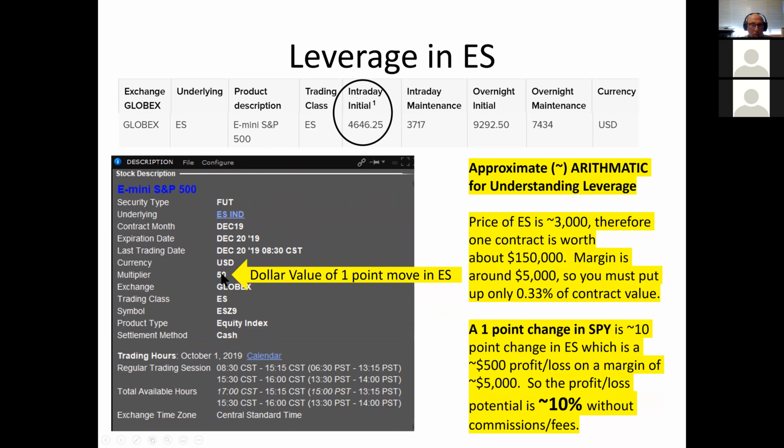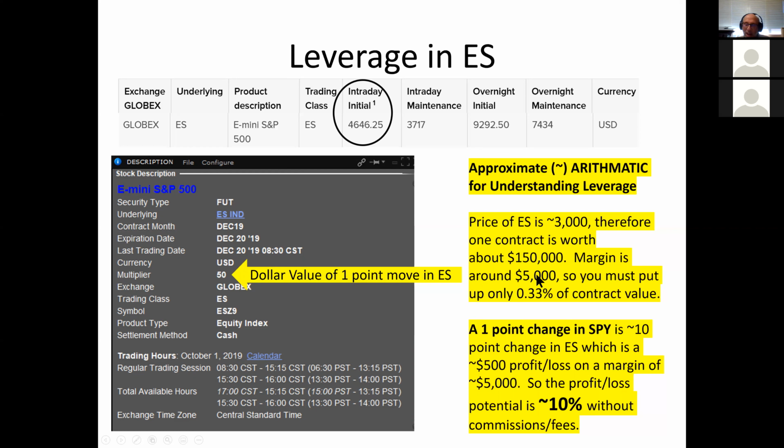Now let's go through this arithmetic so you understand it. If 1 point is worth $50, the price of this ES is roughly 3,000. Therefore, the one contract you bought is worth $150,000, and you're only putting up $4,646.25.